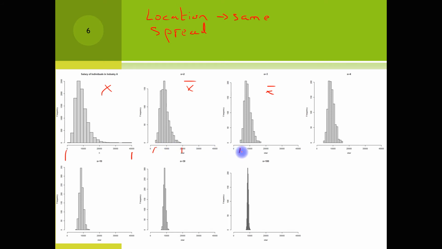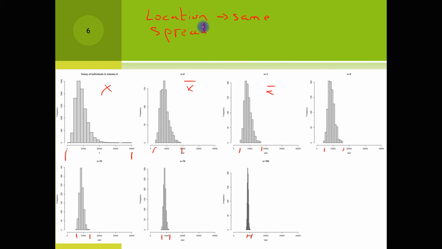The more you increase the sample size, look at what is going on. The range keeps on decreasing. I think you understand what I mean by range. Range is a measure of spread anyway. And you see that the spread seems to decrease each and every time the sample size is increasing.